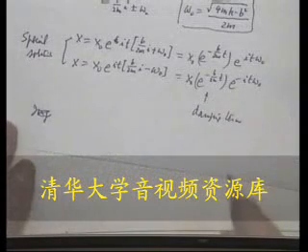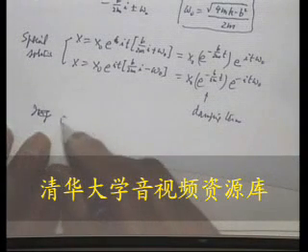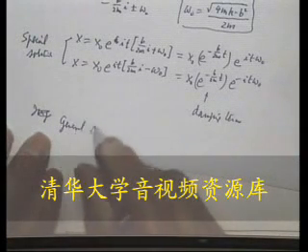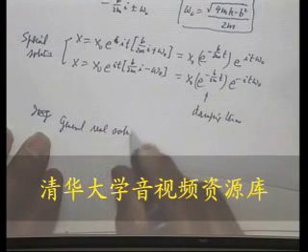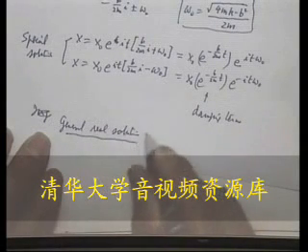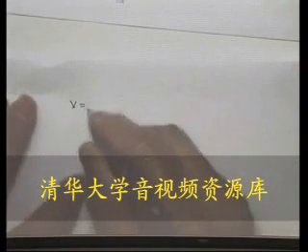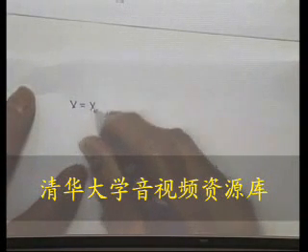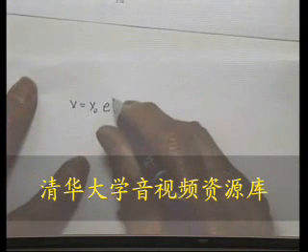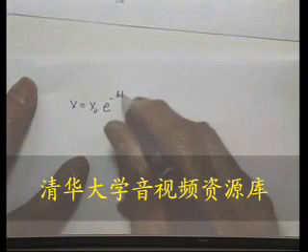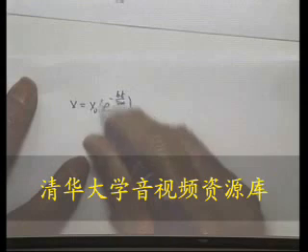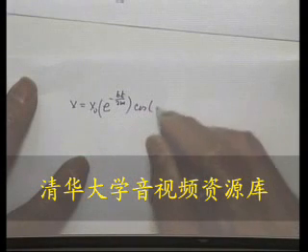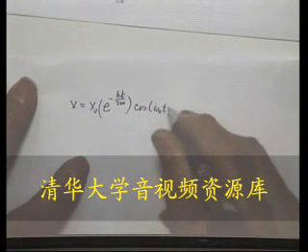The general solution is a linear combination of the two, and so the general real solution is x equal to some x0 times the damping factor, exponential minus bt over 2m, times cosine of omega 0 t plus phi.